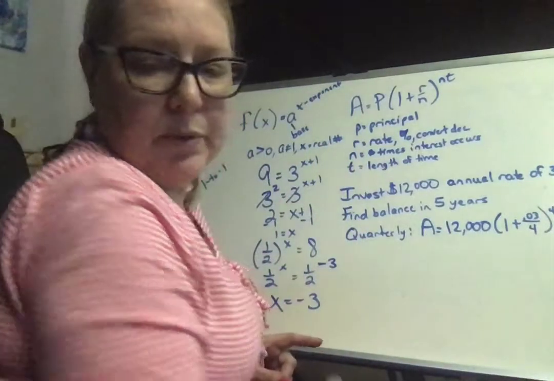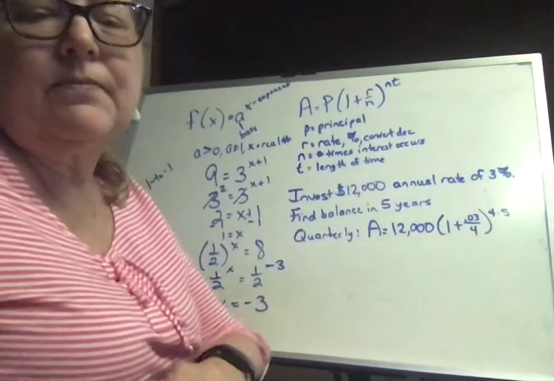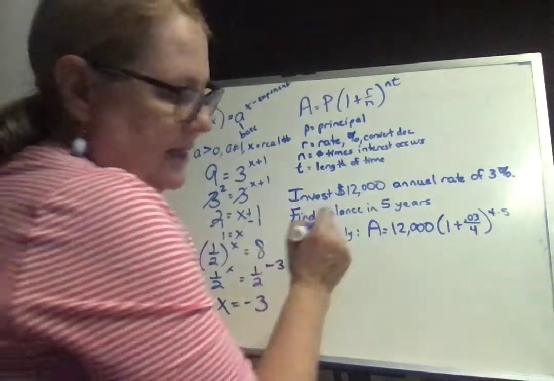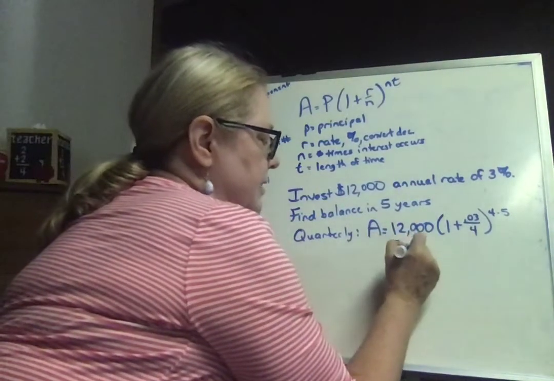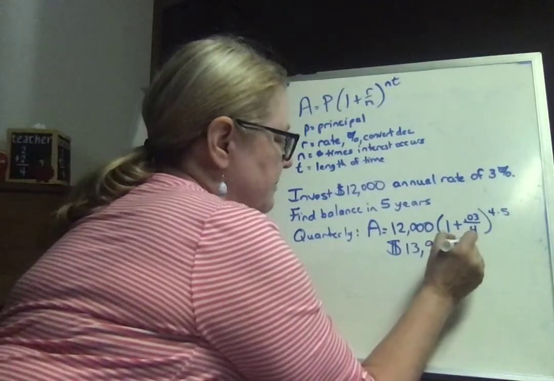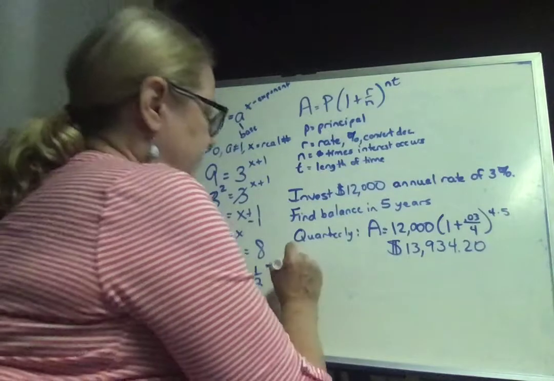And you can put that in decimals, and you should be able to put all of that in and get, always rounded to dollars and cents, $13,934.20. Okay, what if it's monthly?